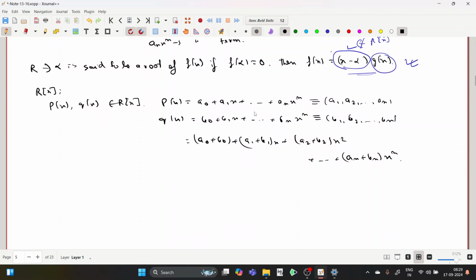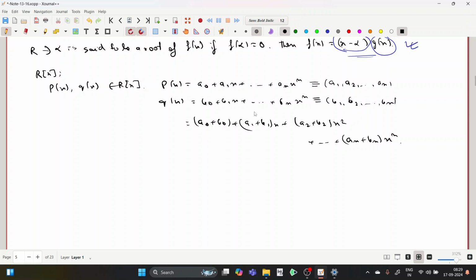The multiplication solely arises by simple multiplication using distribution, and we just consider all of them to be numbers. So if I multiply p(x) times q(x), we will just get a multiplication in case of distribution. But keep in mind that we still need to form a polynomial, that is, I need to have a coefficient plus a coefficient times x plus a coefficient times x square and so on.